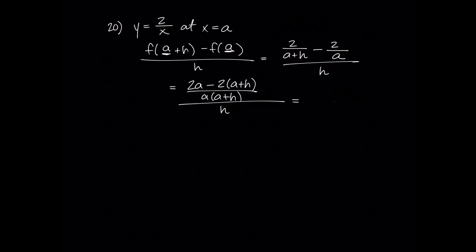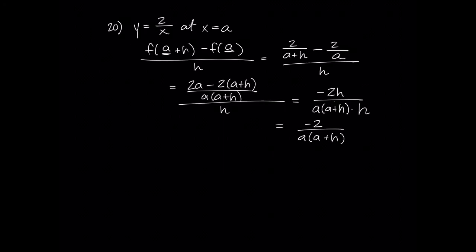Then we simplify a little bit more, and we have negative 2h over a times a plus h times h. And then we cancel, and we have negative 2 over a times a plus h.